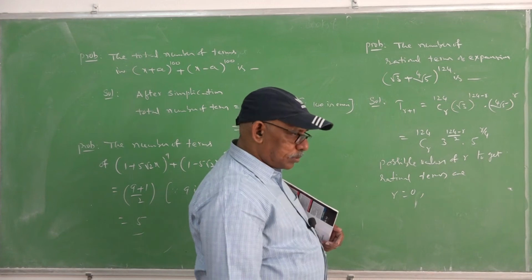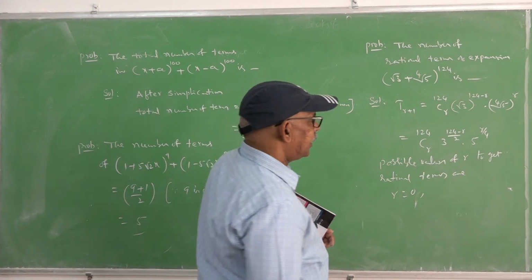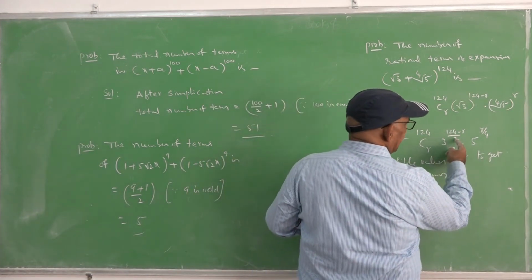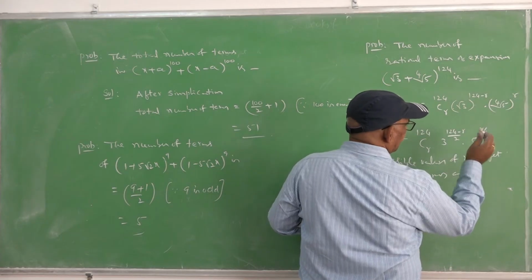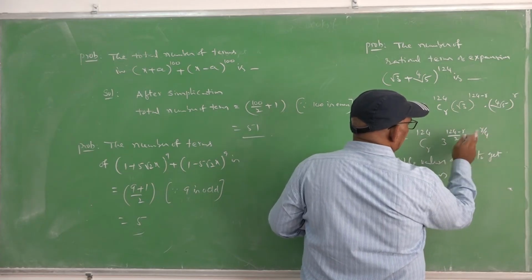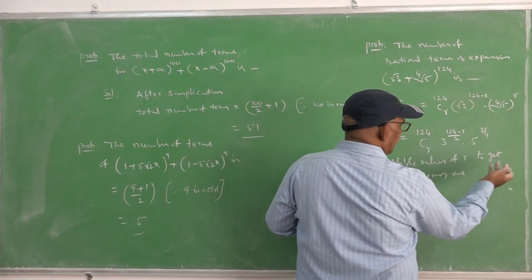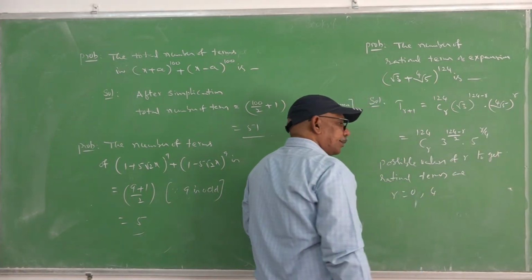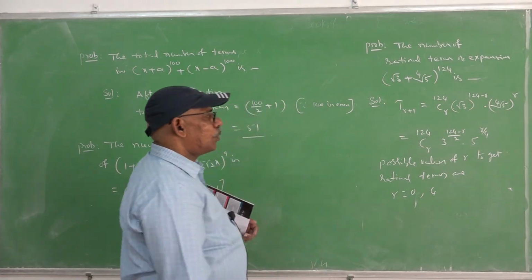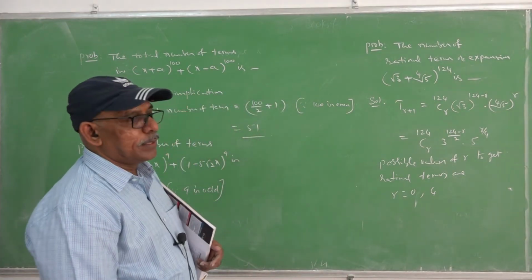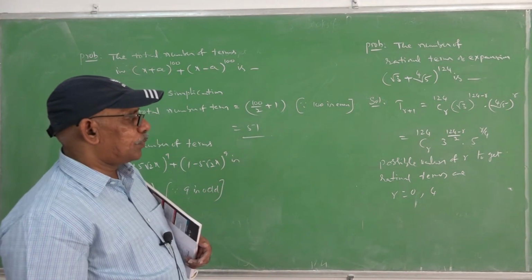For r equal to 1, 2, 3, it is not an integer. For r equal to 4 only, it is of course an integer.